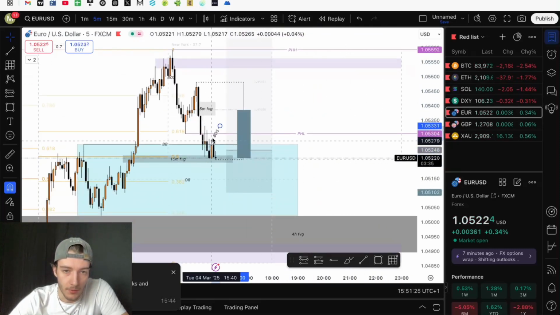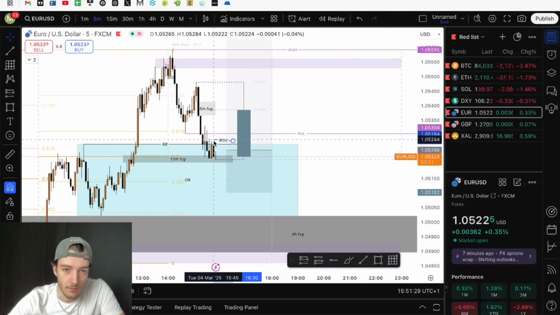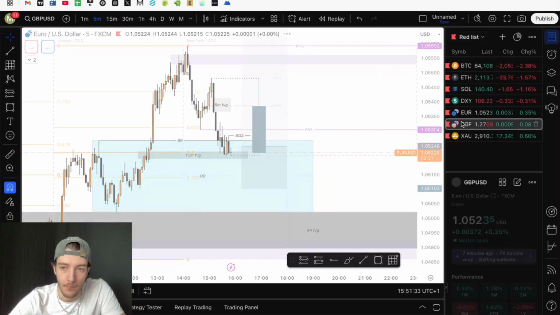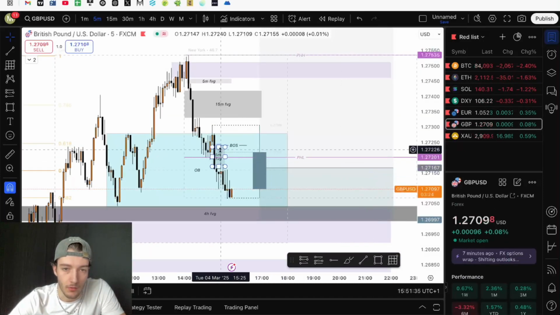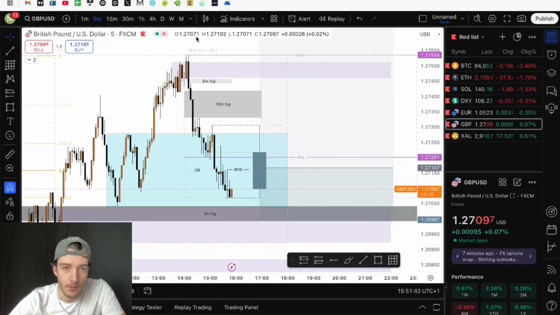Our 5-minute break of structure would be now over these highs here on Euro and over these highs here on GU. I'm gonna delete this 5-minute fair gap, not relevant anymore.